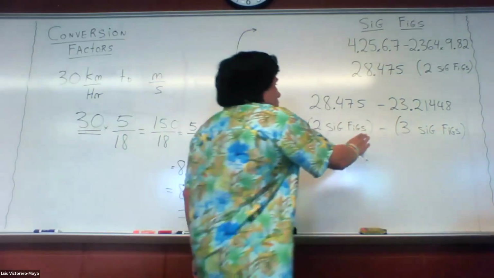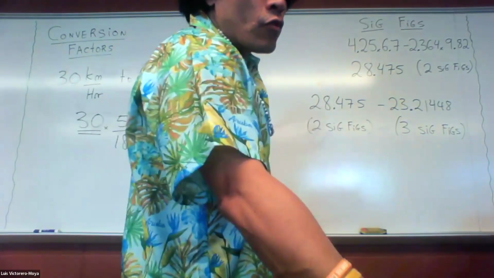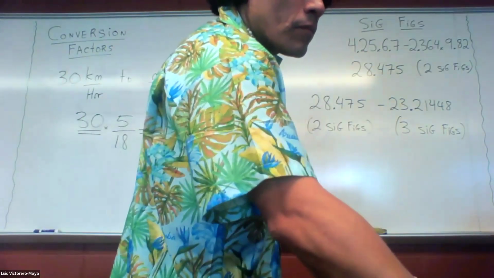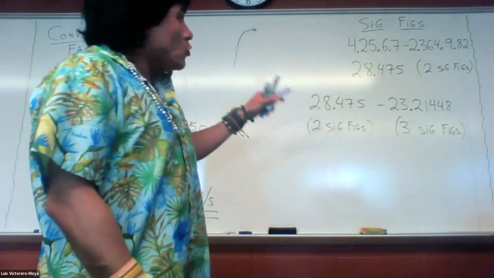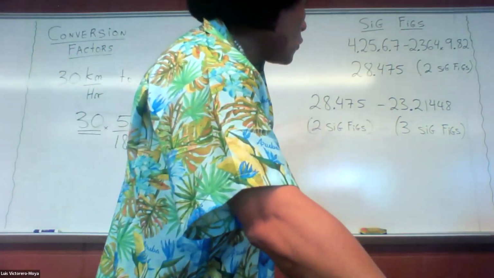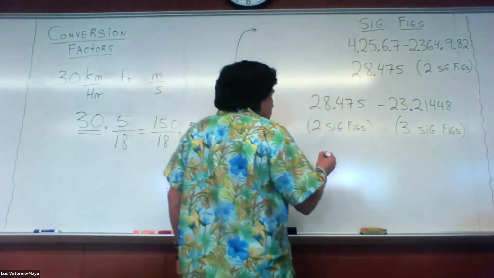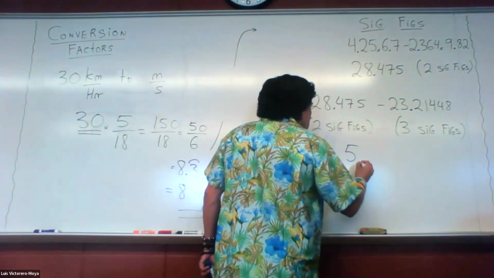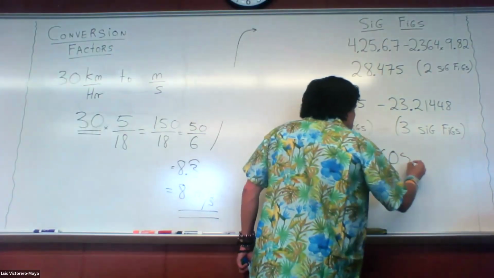So now let's just subtract 28.475, right? That minus 23.21448. So I get 5.26052.